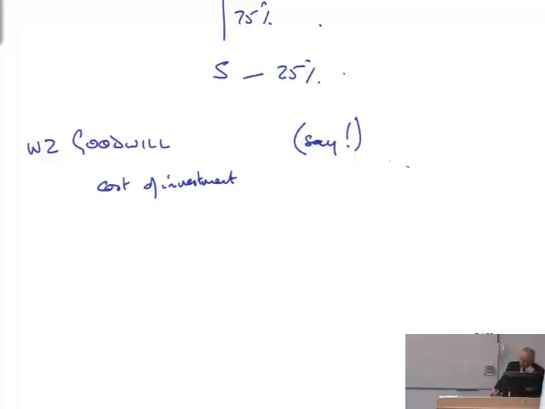Cost of investment, 40,000. Now 40,000 bought 75% of the net assets of the subsidiary. We bought control. It actually only gives us ownership of 75%. And what I'm looking at is what is the value of the subsidiary at date of acquisition?